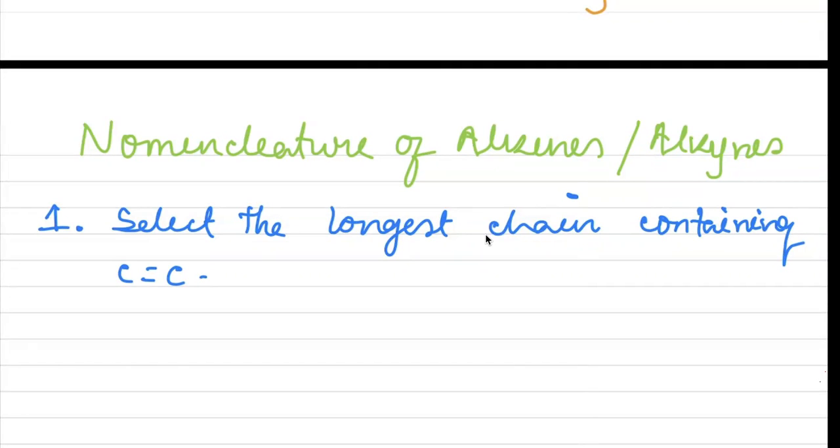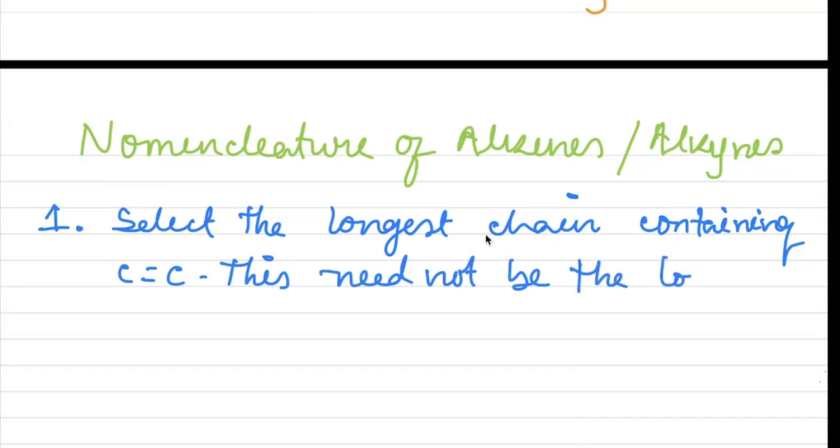If you select the carbon double bond carbon, that may not be the longest chain, but then also you have to select that one. The chain you have to select must contain the carbon double bond carbon or carbon triple bond carbon. So you have to keep in mind that this need not be the longest chain in the compound as a whole.